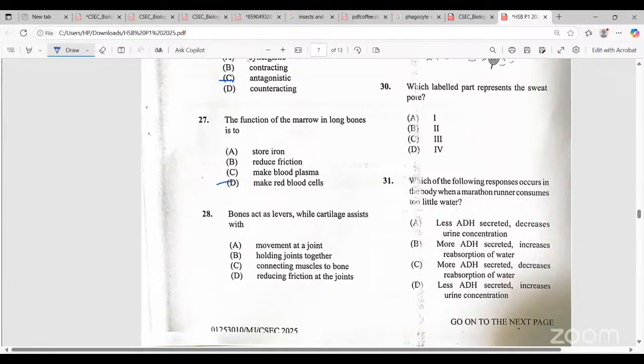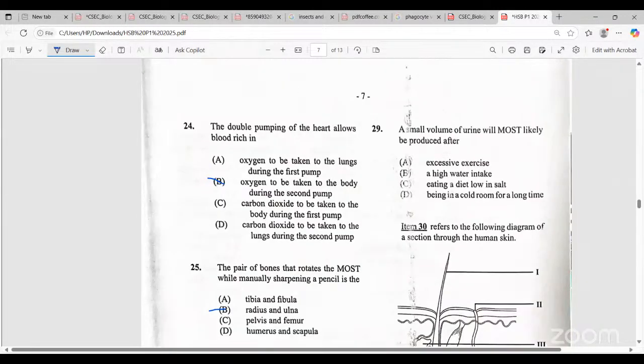Good. 28, bones act as levers, while cartilage assists with, and we say those reduce friction at the joints. All right. 29.